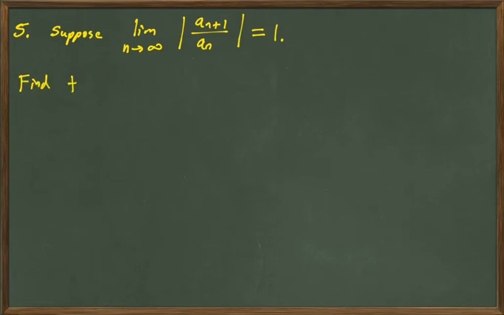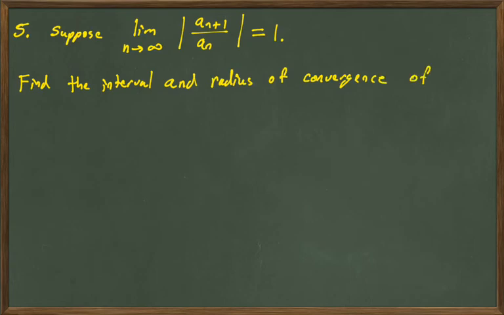We're going to find the interval and radius of convergence of the series n equals 0 to infinity of a sub n times 7 to the n times x to the n. What we're typically going to use for finding the interval and radius of convergence is either the geometric series test or the ratio test. Those seem to be the two series tests we use the most.